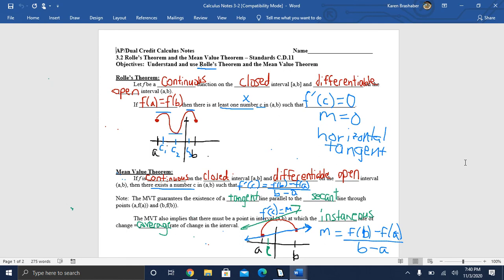So the mean value theorem guarantees the existence of a tangent line that's parallel to the secant line through the two endpoints. And it also guarantees that there's some place in the interval where the instantaneous rate of change is the same as the average rate of change. So there's the beginning of your vocabulary for these two important theorems.